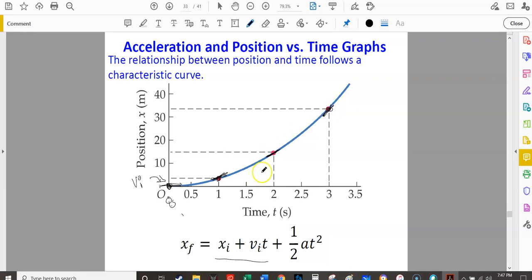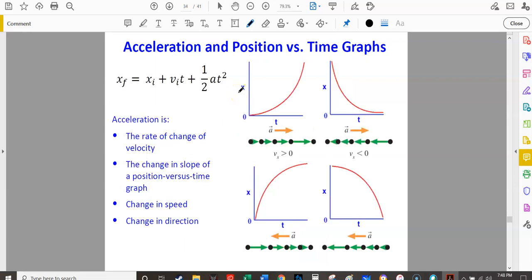If your slope is becoming more positive over time, so this is a positive velocity, this is 0, and then it becomes a little bit more positive, and then a lot more positive. Well, now you could say this object is moving to the right because its velocity vector is positive the whole time, and it's becoming steeper over time, so that means its acceleration is also to the right, and so that is speeding up. Okay?